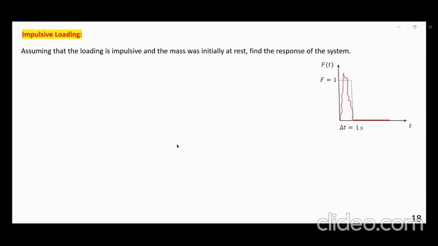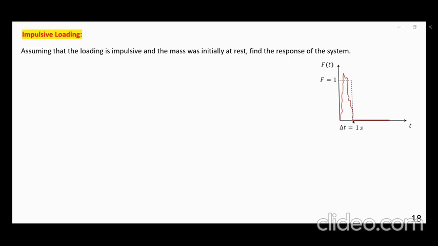Now, this one is an impulsive loading problem. Same information as the previous case, except that the loading looks like that. Now, what I have drawn here for you, I'm going to approximate that curve function f of t with constant height of 1 over a duration of 1 second.